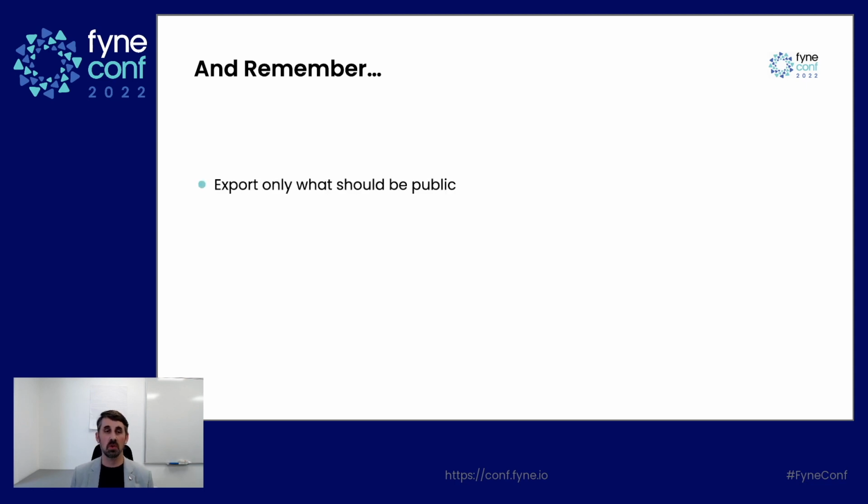Export only what should be public, or export only what you want to support. You've put your code out there potentially as an open source project on a publicly available repository. If you have a public API, somebody might use it, and that would be great until you realize that then they don't want you to break it, because otherwise you'll get an open support ticket against a project that you thought was just a little bit of fun, or a widget that was used internally.